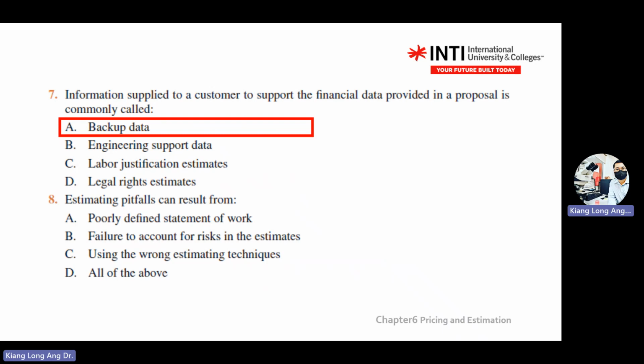Estimating pitfall can result from poorly defined scope, failure to account for risk, using wrong estimating techniques, or all of the above.